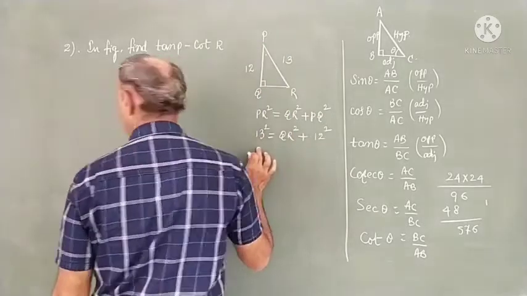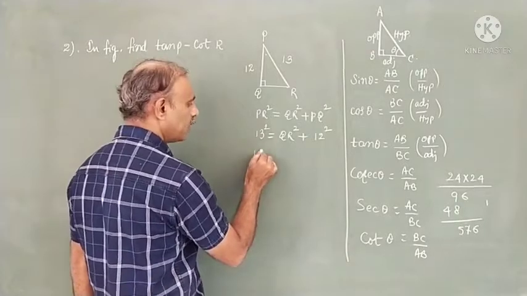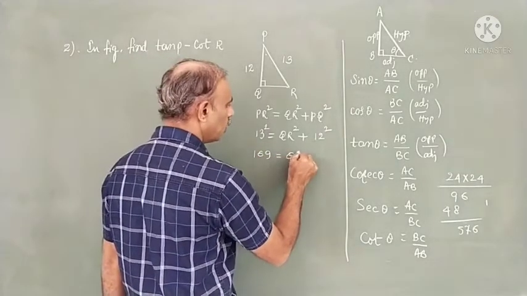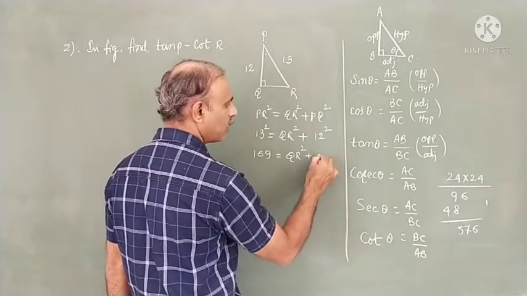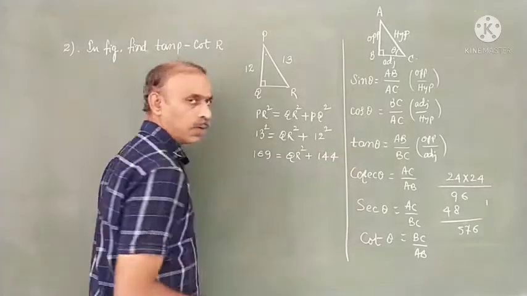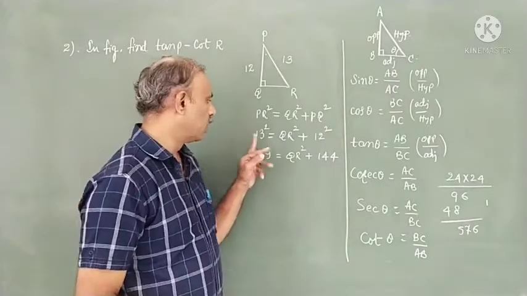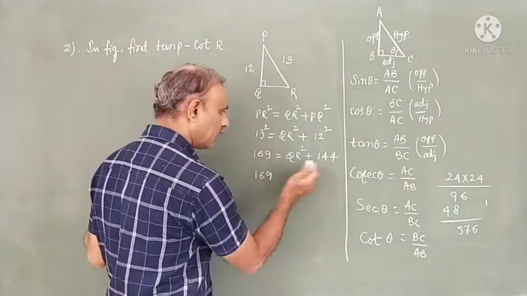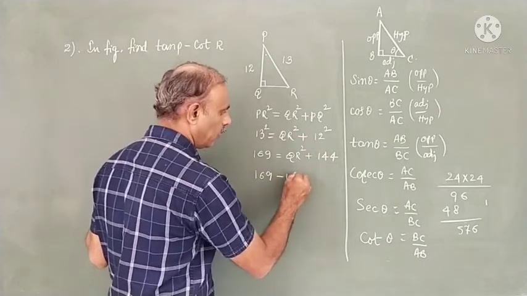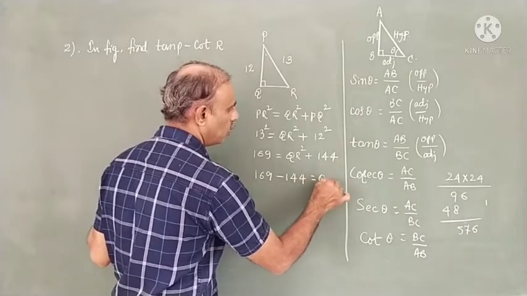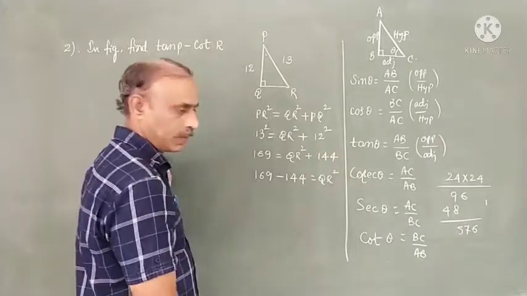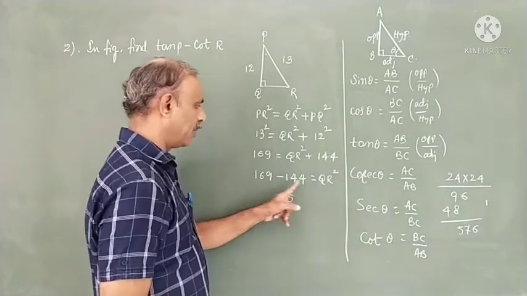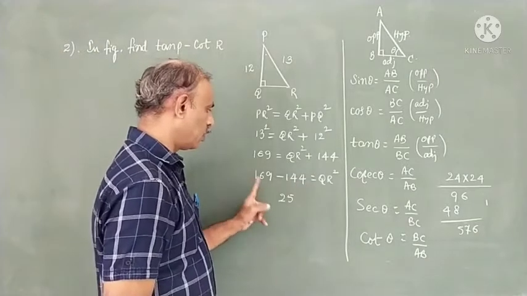What is 13 square? 13 square is 169, equal to QR square plus 12 square, which is 144. 12 square means 12 into 12, and 13 square is 13 into 13. 169 minus 144 is equal to QR square. 169 minus 144? 25. 9 minus 4, 5. 6 minus 4, 2. 1 minus 1, 0.